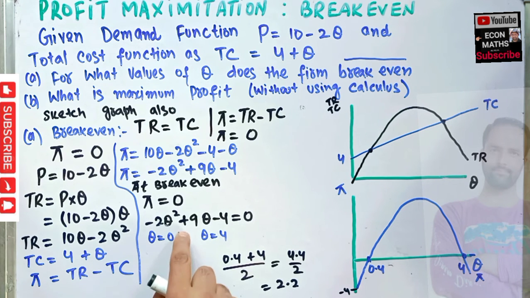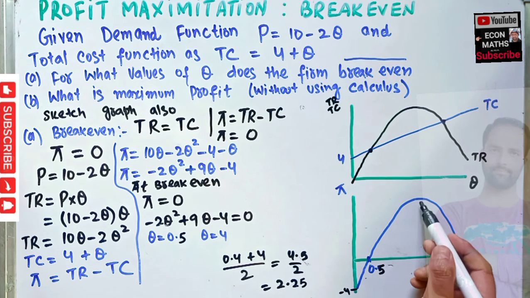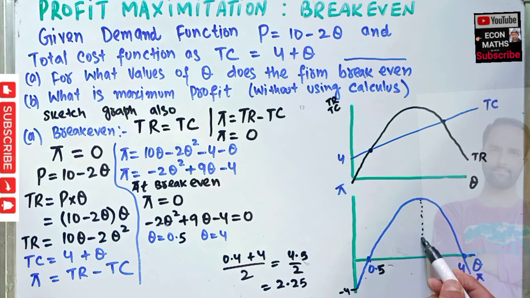I'm really sorry, this is 0.5. So 2 2s are 4, 1 is left, then we have 2 5s are 10. That means this parabola will reach maximum halfway between 0.5 and 4, that means when output is 2.25.